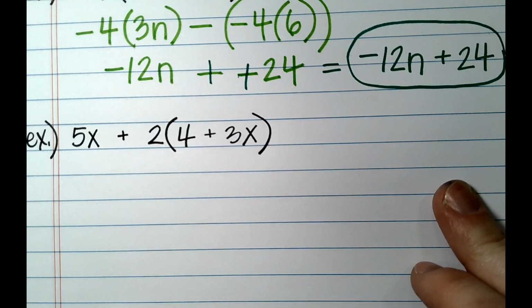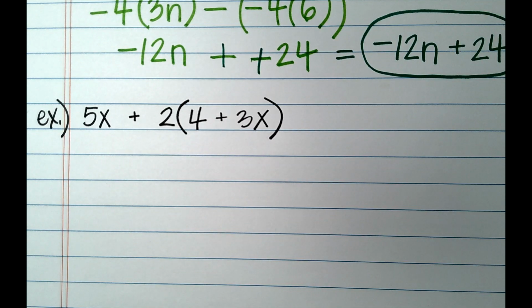See what's going on. 5x plus 2 times the quantity of 4 plus 3x. That's what we've got.